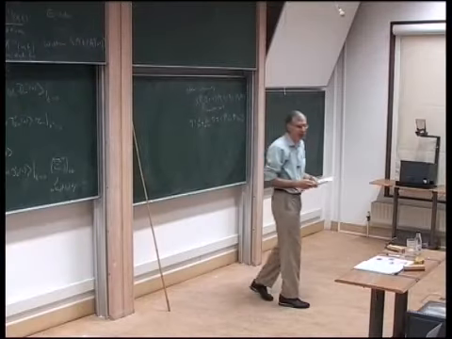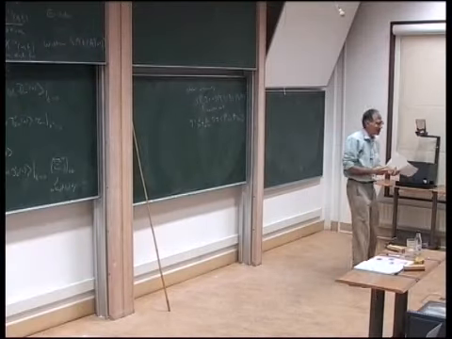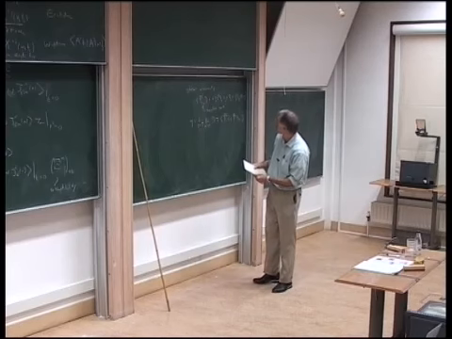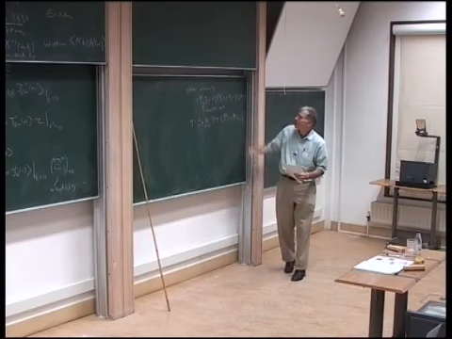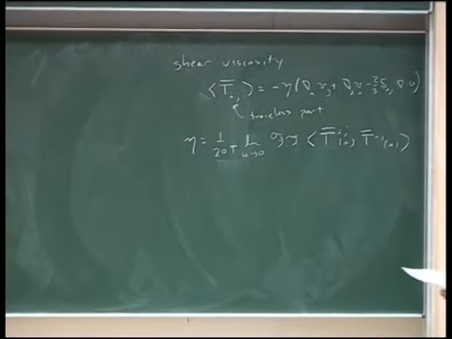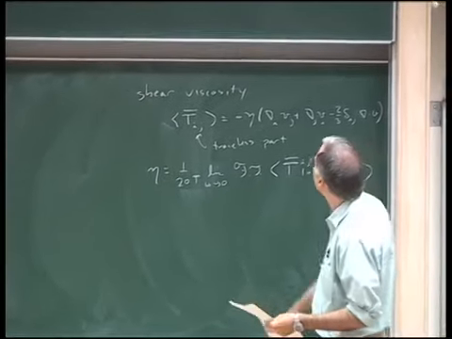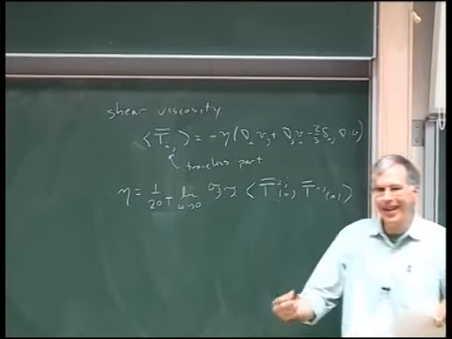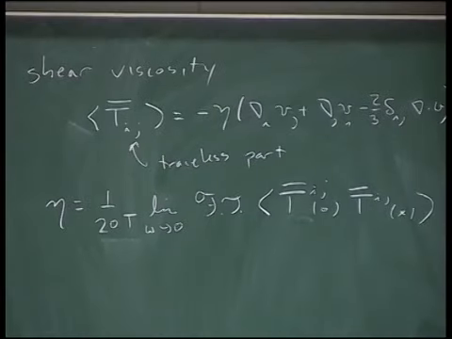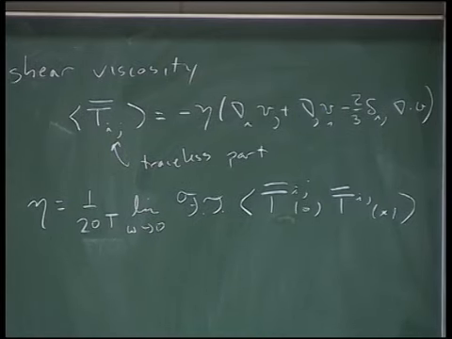Here's the same thing for viscosity. If you have any system that has hydrodynamic fluctuations, if you look at small displacements from equilibrium, well, first I should say in equilibrium, the expectation value of the stress tensor is just diagonal, equal to the pressure times the identity matrix.